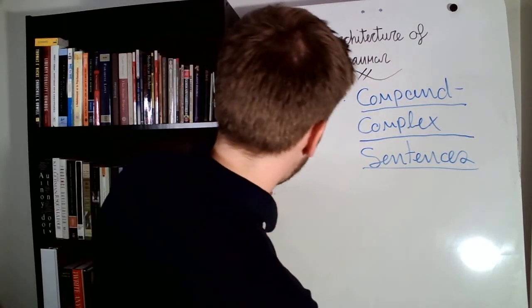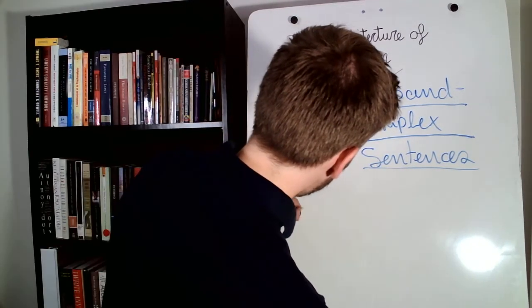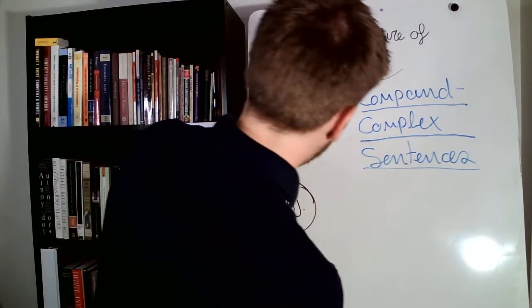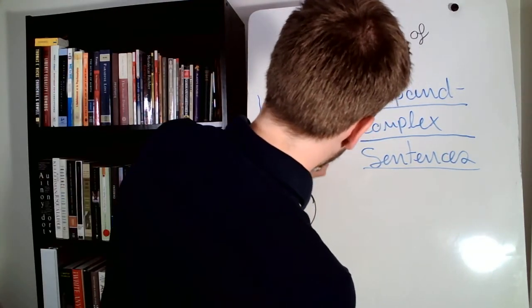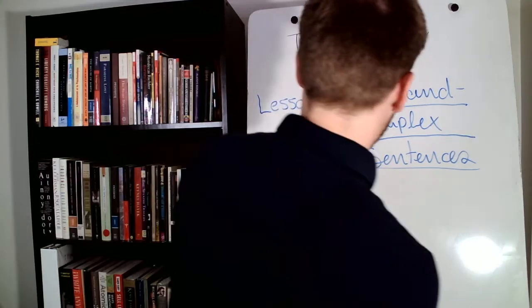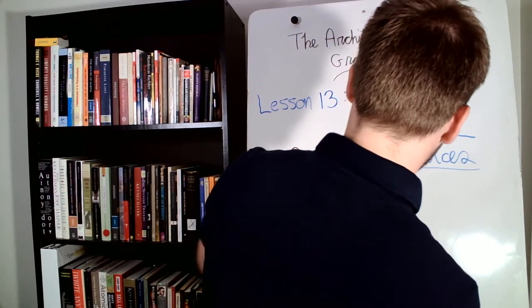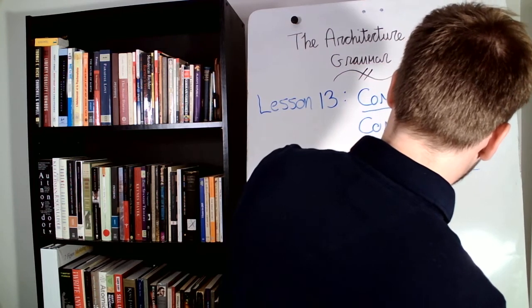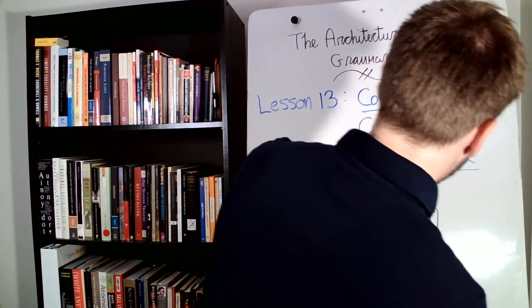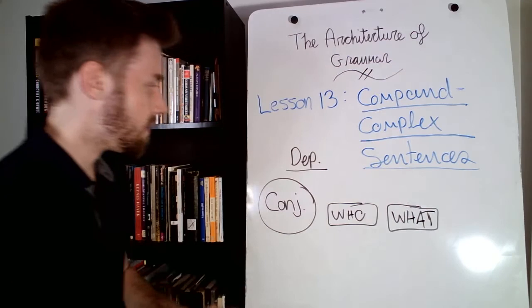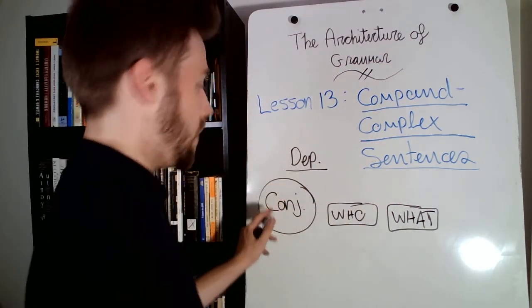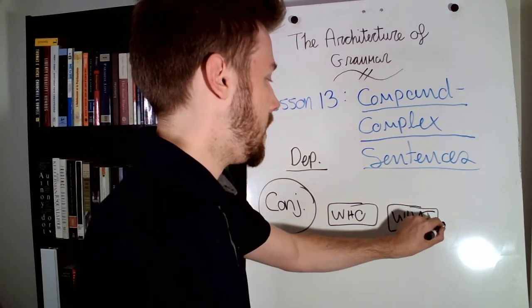And so the conjunction makes it a dependent, okay? So here we'll put a who and a what. So that's a dependent. And so then what's going to happen is we'll likely have a comma.